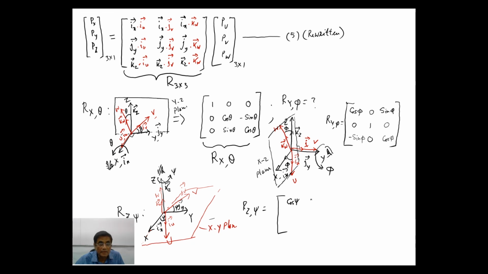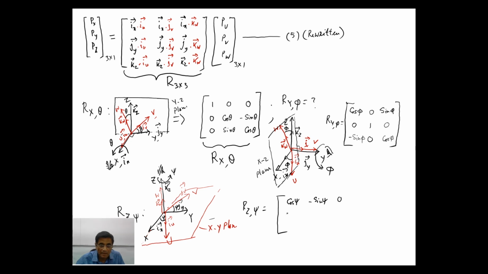And then this is Ix Jv. So cos of 90 plus psi means minus sin psi, and then Ix Kw, this is of course 0 because the angle between them is 90 degrees.